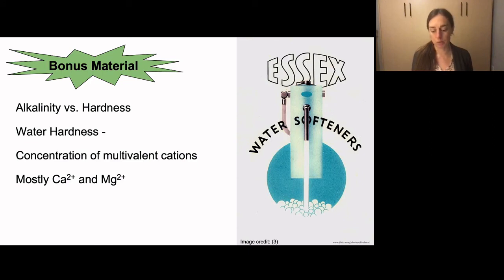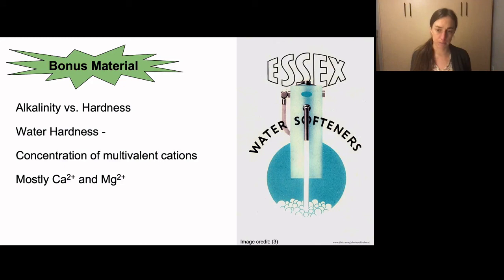So in terms of what that looks like when you're in your house, you can end up getting these films of scum in your shower, for example. Also, hard water makes it really hard for things like your soaps to suds. You end up getting not very sudsy soap if you have really hard water.